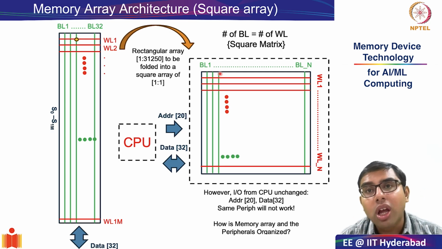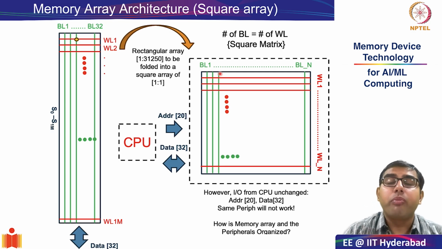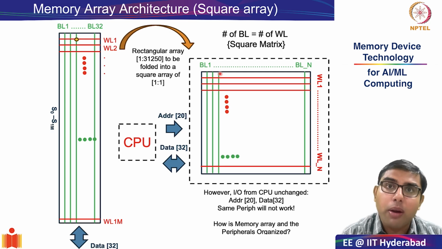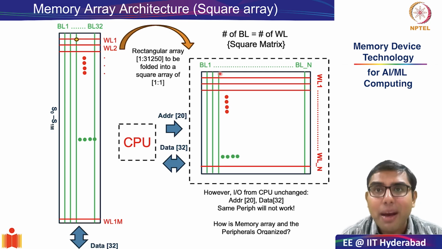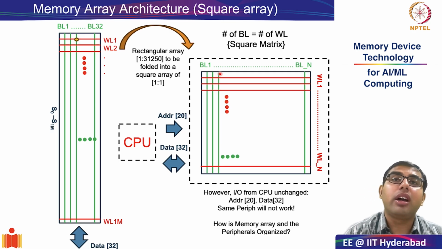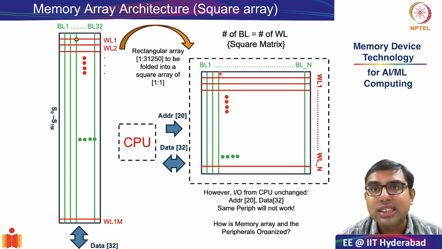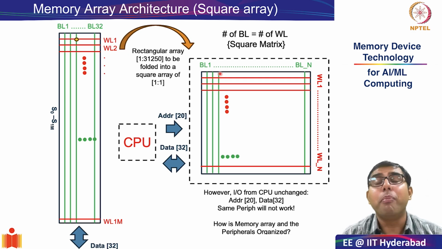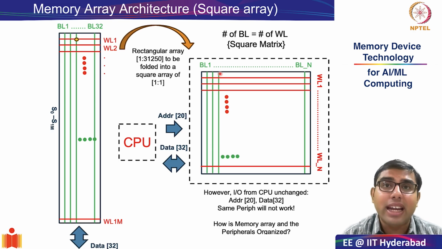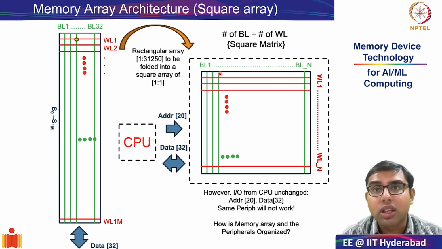We also saw how, when you scale up arrays from the simple 2^4 array to a 32 megabit array, there is an increased need for memory peripherals. The simplest memory peripheral was an address decoder, and in the next class we will see how very quickly, as you scale these memory arrays, the complexity of your peripherals also starts increasing. So let us stop here and see you in the next session.